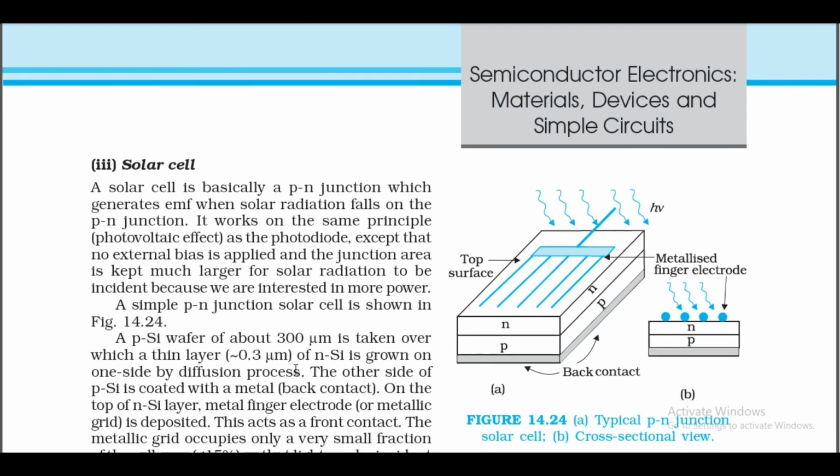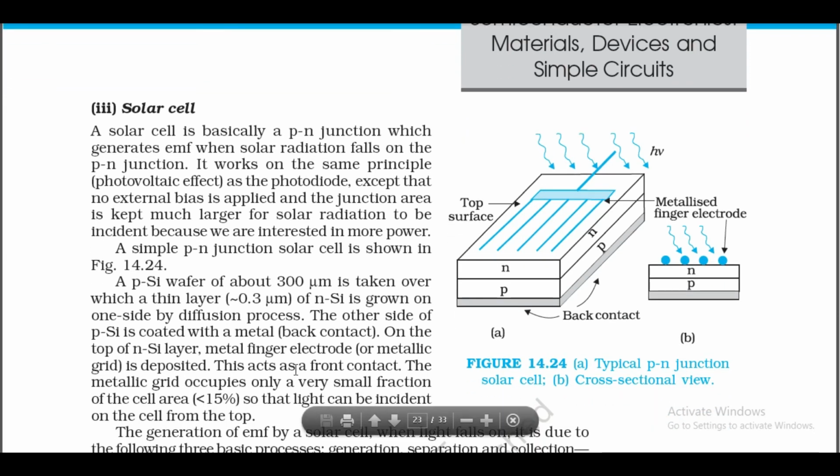On the top of the n-Si layer, a metal finger electrode or metallic grid is deposited. This acts as the front contact. The metallic grid occupies only a very small fraction of the cell area, less than 15%, so that the light can be incident on the cell from the top.